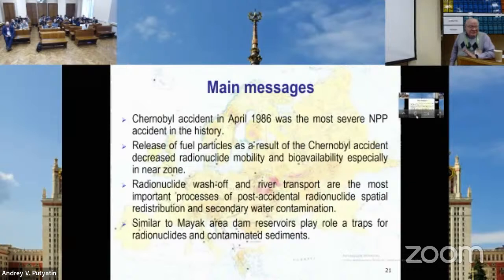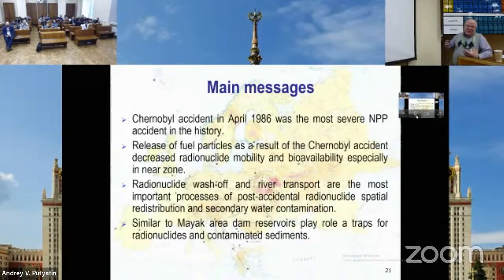So, the main messages about Chernobyl. The Chernobyl accident was the most severe accident in history. Release of fuel particles as a result of the Chernobyl accident decreased radionuclide mobility and bioavailability, especially in the near zone. So, fuel particles are important to be considered in spent fuel accidents and so on.